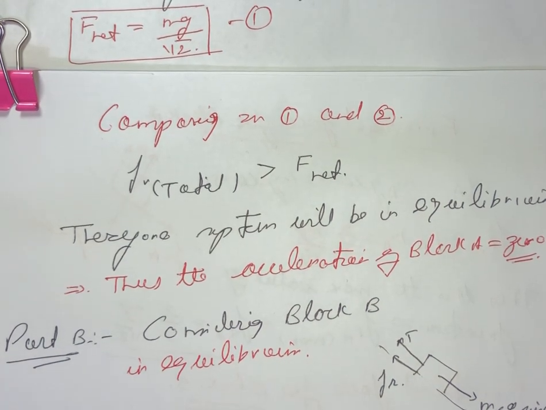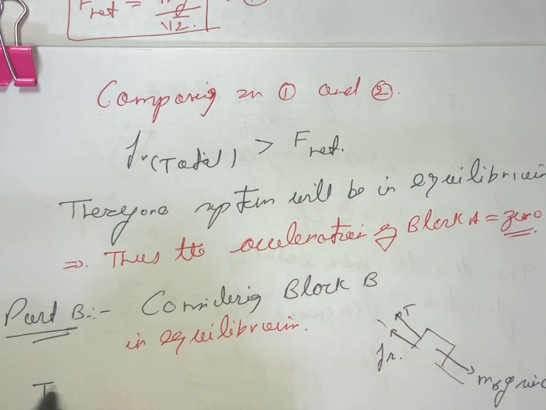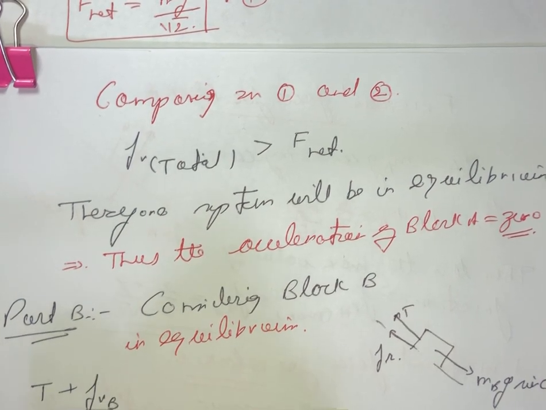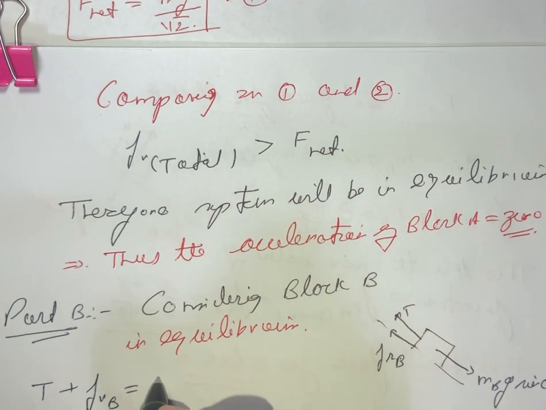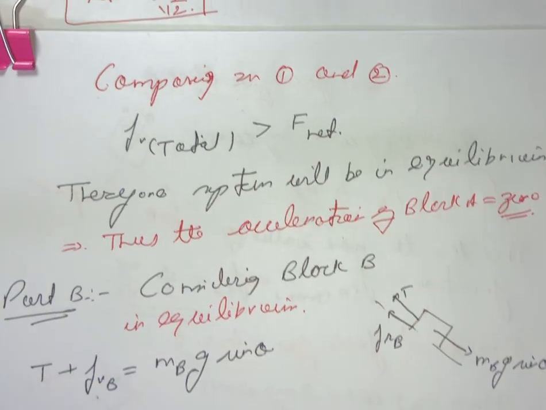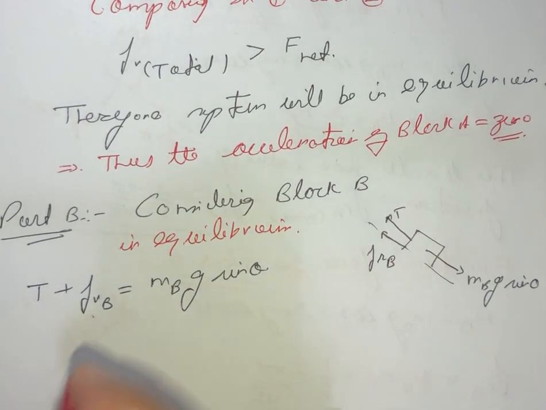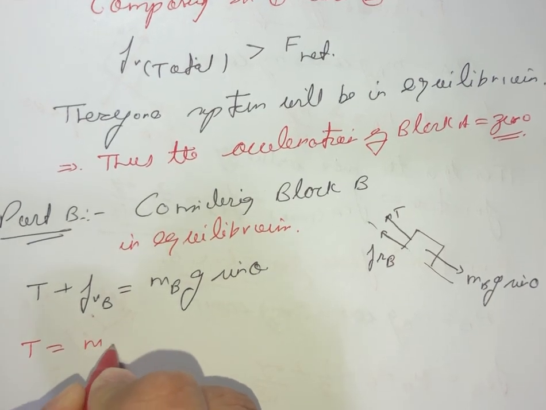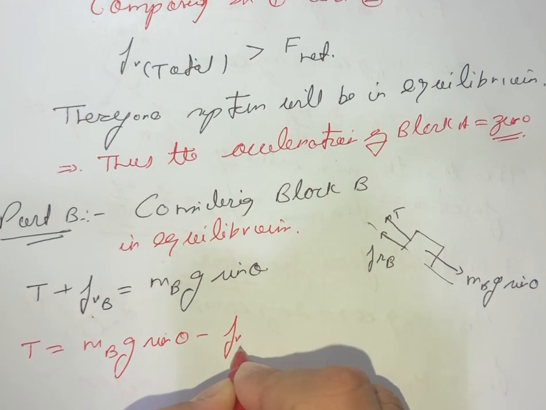You can write the equation as tension T plus FRB will be equal to mbg sine of theta. So from here we can find our tension T. Tension T will be equal to mbg sine of theta minus FRB.